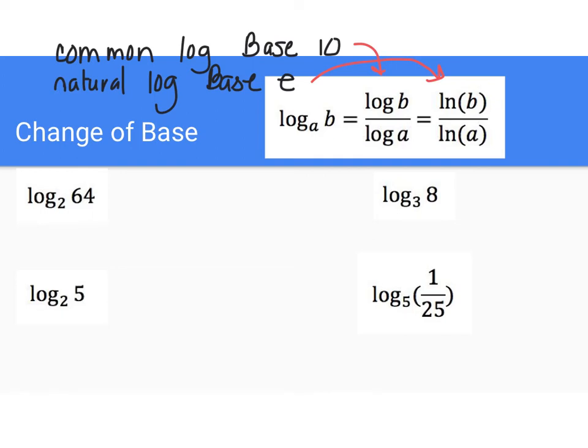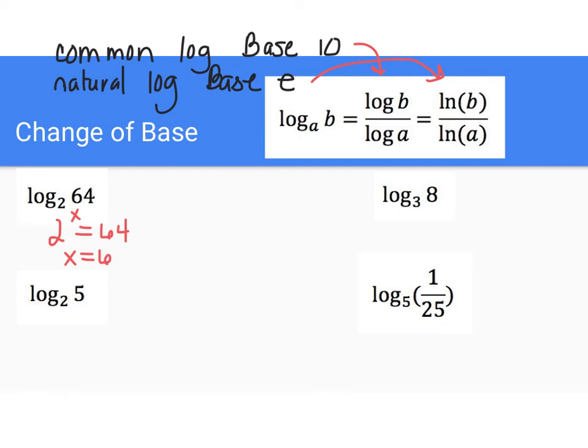Now on the first one, again, we should think about what this would be as an exponent. I'm missing that exponent, so I should be able to say 2 to the power of what equals 64. We just had that example that 2 to the power of 5 is 32, which means this should be x equals 6.